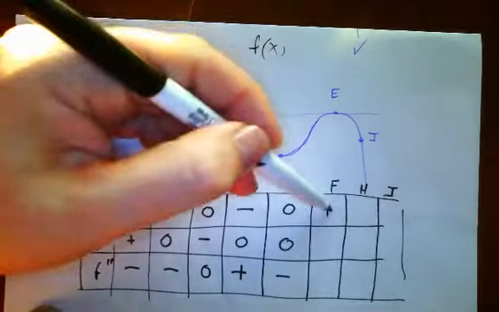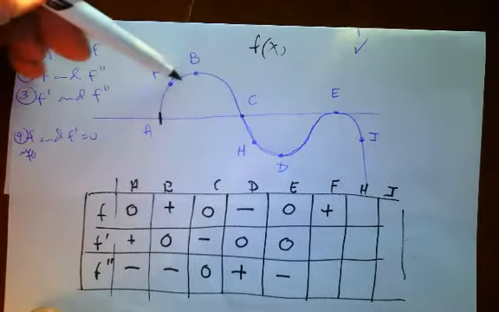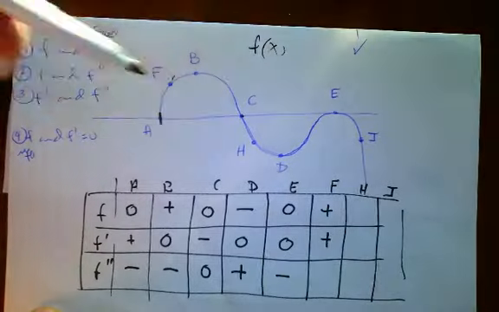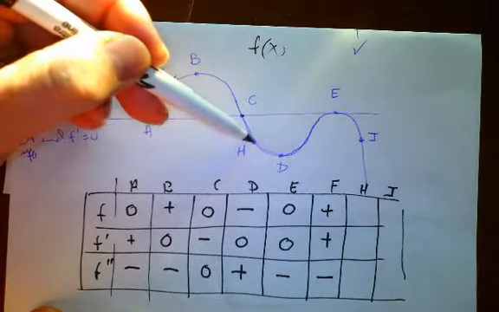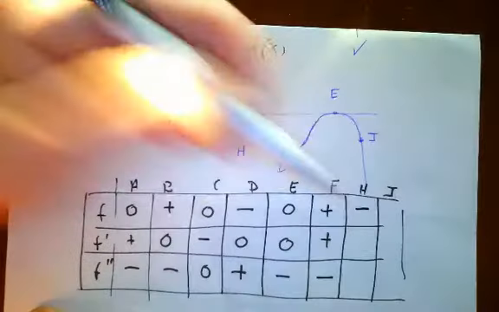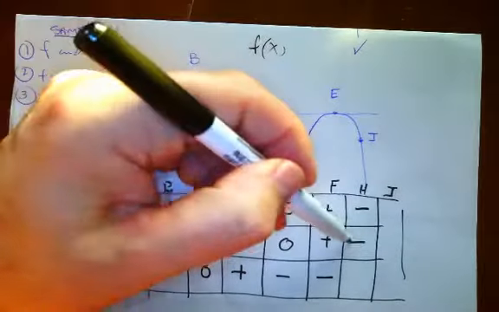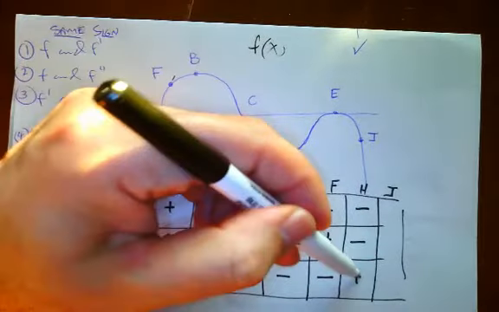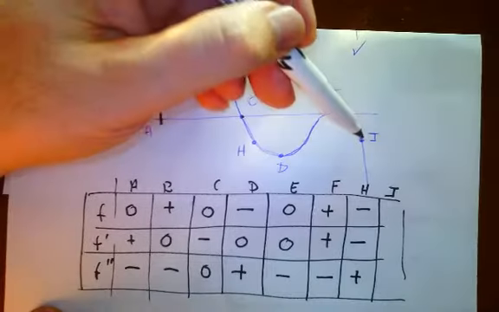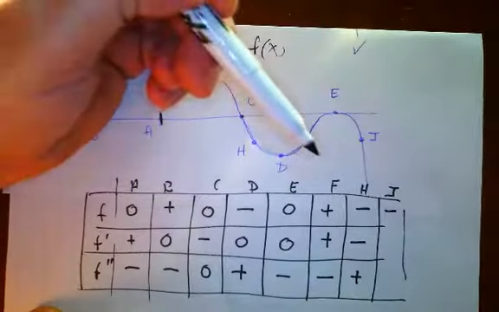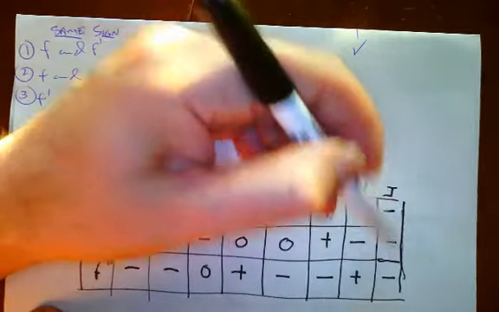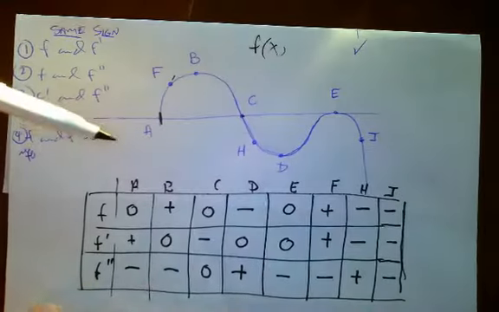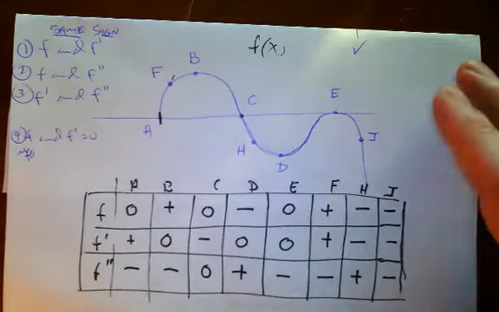We can say that at f, this function is above the x-axis, so positive. We can say the function is increasing here, so positive, and concave down, so negative. At h, we're below the x-axis, we are decreasing, and we are concave up. And finally, at I, we're below the x-axis, we're decreasing, and we're concave down.